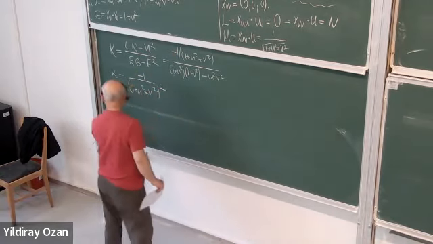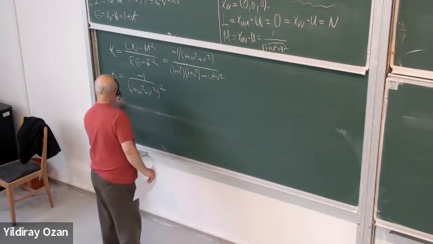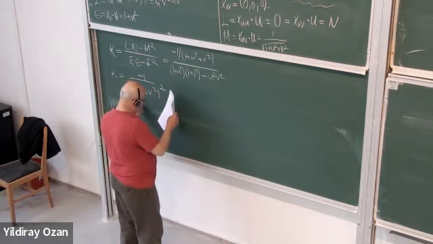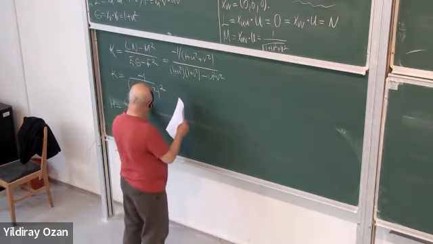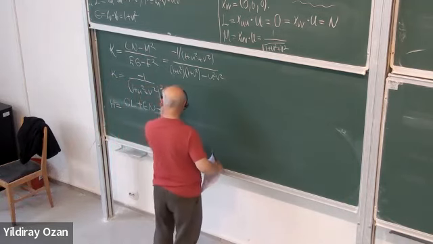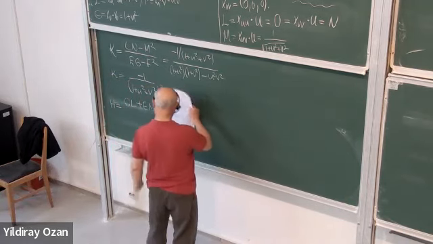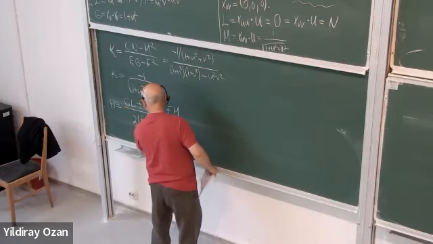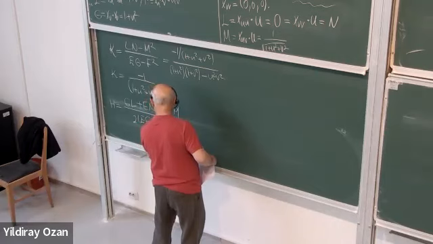Negative curvature. What about the mean curvature? H is GL plus EN minus 2 times F times M divided by 2 times EG minus F squared.